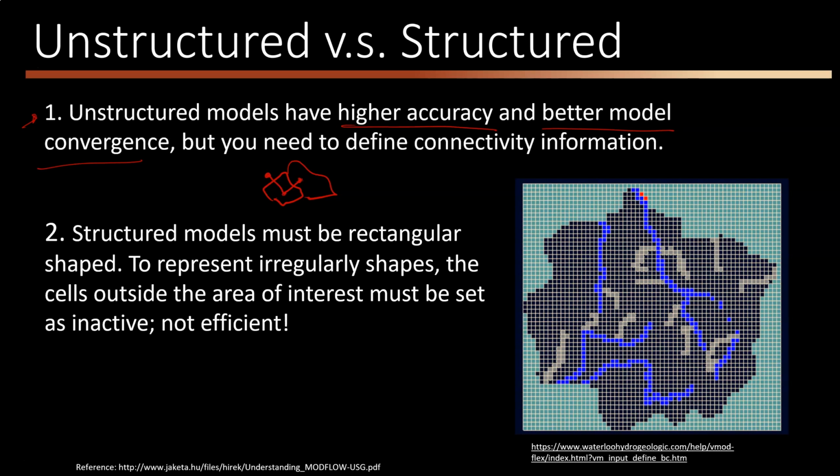But there are approaches that we can use to mathematically define this connection. In most cases, it is not a big problem. But technically, you have to have more information, or create more information about your cells.